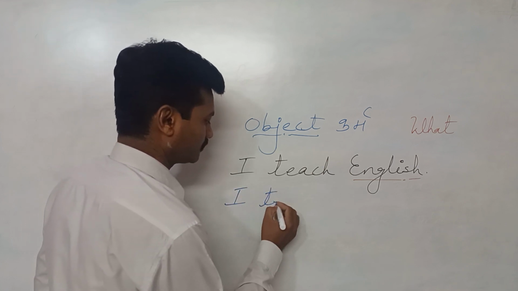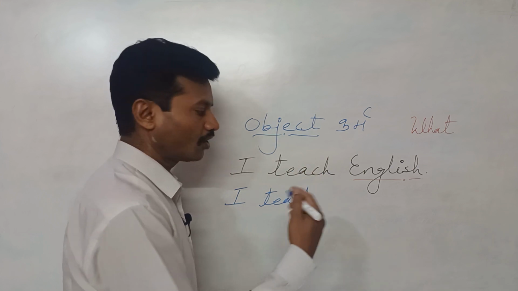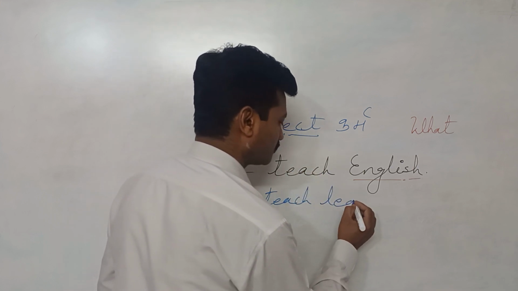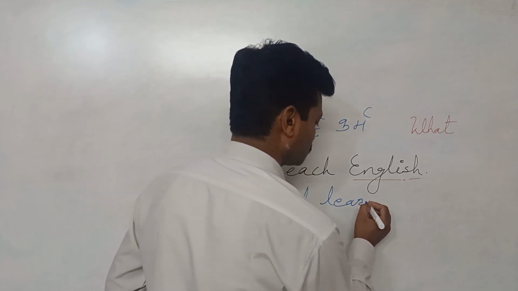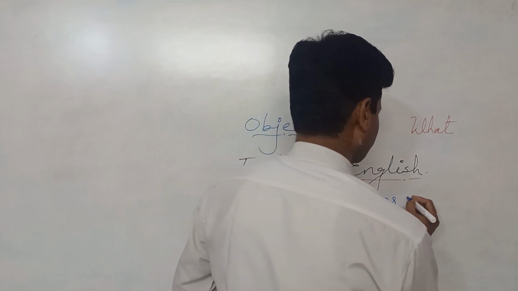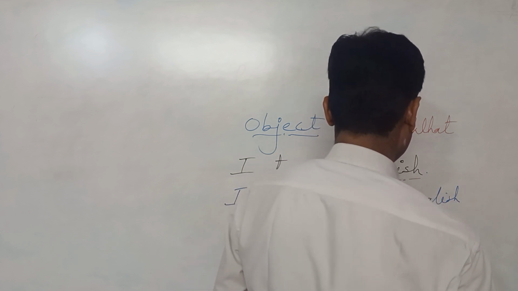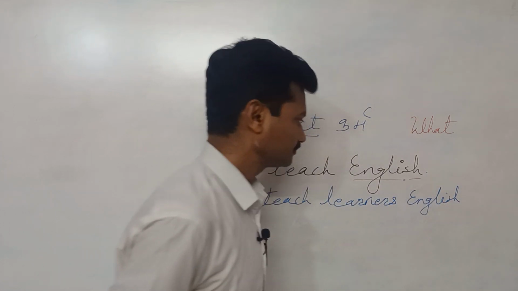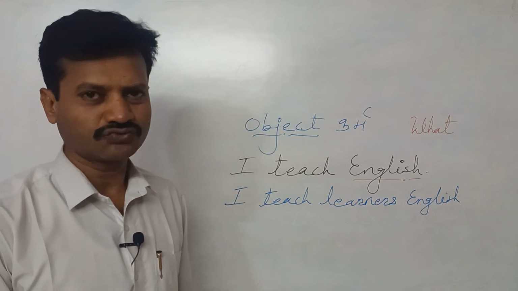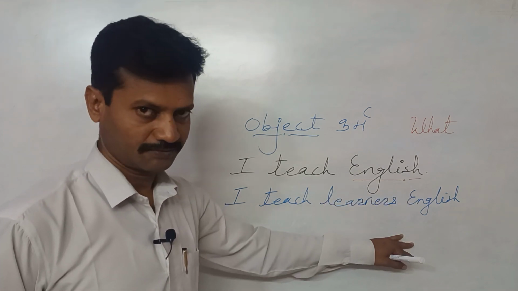Okay, now look, again I am writing a sentence. I teach students or learners English. You can use students or learners.